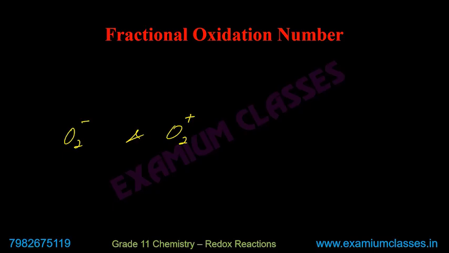In these cases, oxygen actually has a fractional oxidation state, minus half and plus half, but otherwise, in almost all cases, it will be an average, which is a fraction. And within average also, there might be 2 different reasons I am going to talk about.